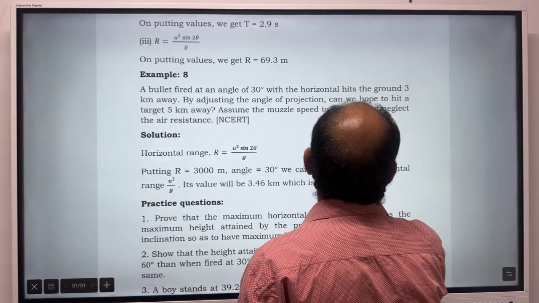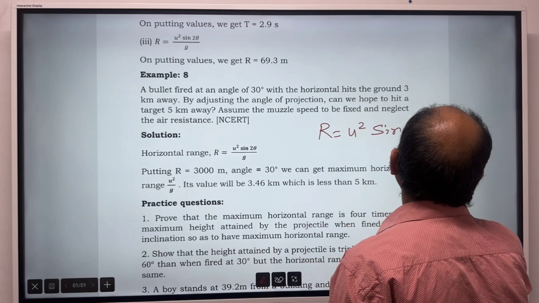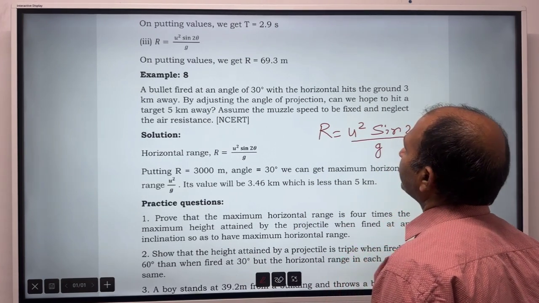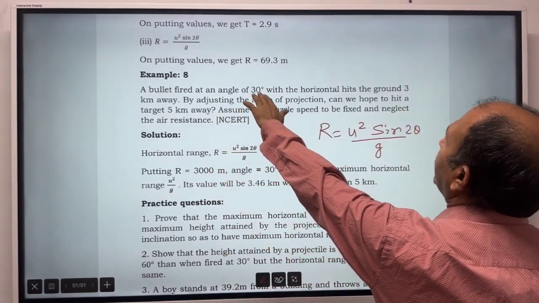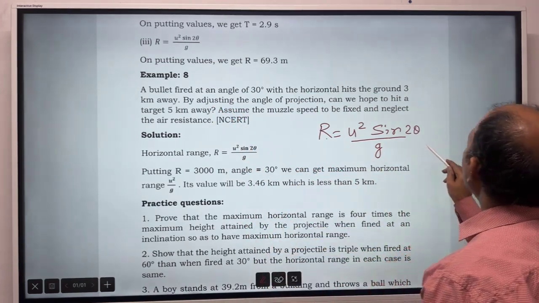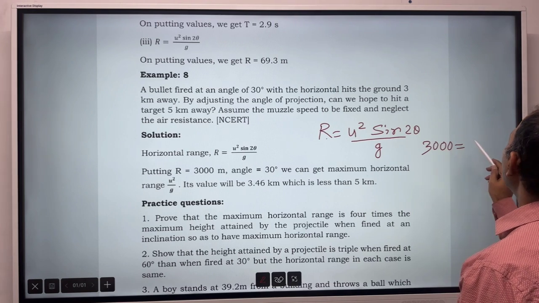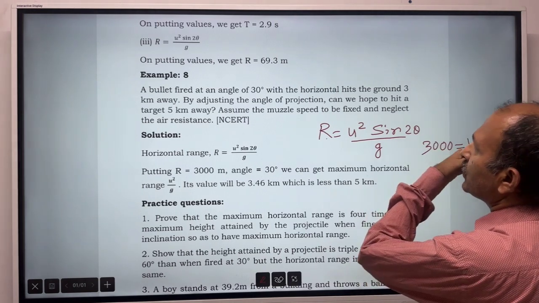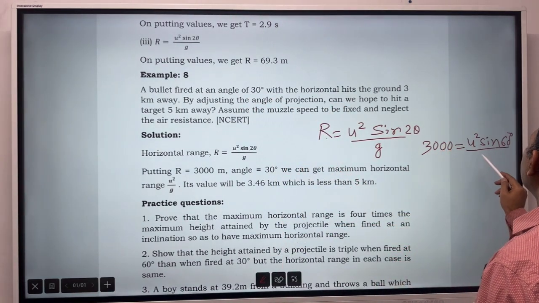So we know that R equals u square sine 2 theta divided by g. Here 30 degree is the angle and the ground is 3 kilometer away, so R is given. So you can write 3000 equals u square sine 2 theta, so twice of 30 will give sine 60, divided by g.